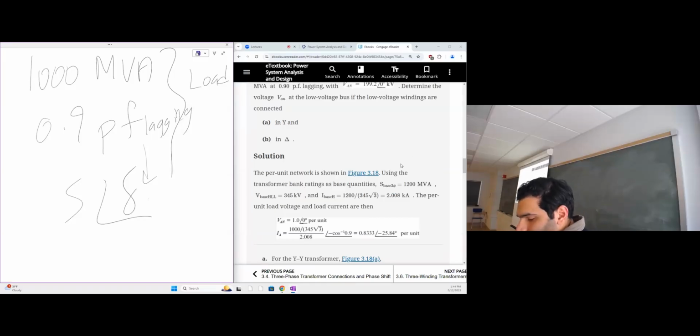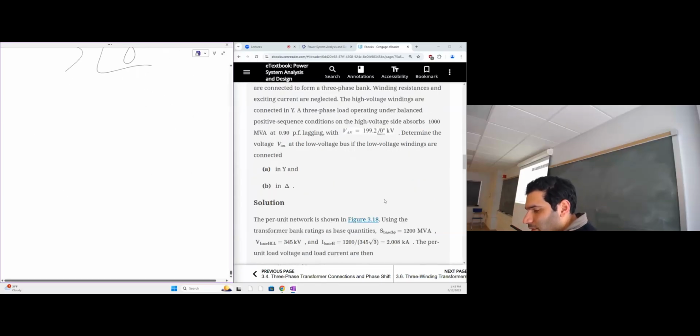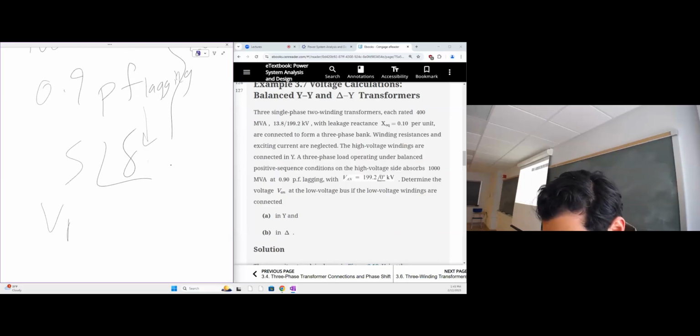We will take, let's speak about the per unit and things like that. So he told us VAN of the load is 199. So he gave me V for the load. He gave me S for the load. I can get gamma for the load.